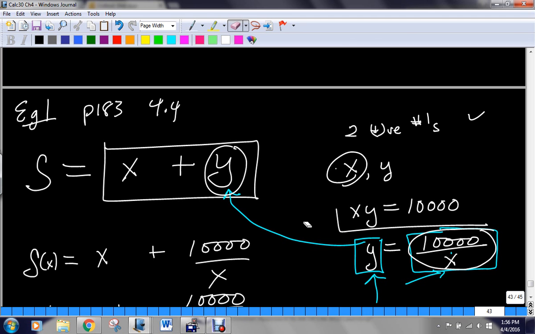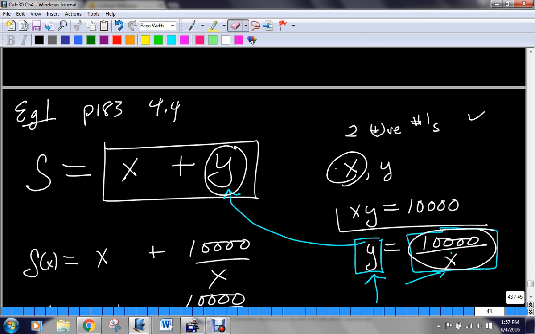Does it make sense that there might be a minimum, or a maximum? Obviously, this 100 yields a pretty small sum compared to the other options, right? So if you think through it logically, this critical number is going to yield a minimum, because all the other possibilities I'm thinking of give a greater sum. That's method number one.